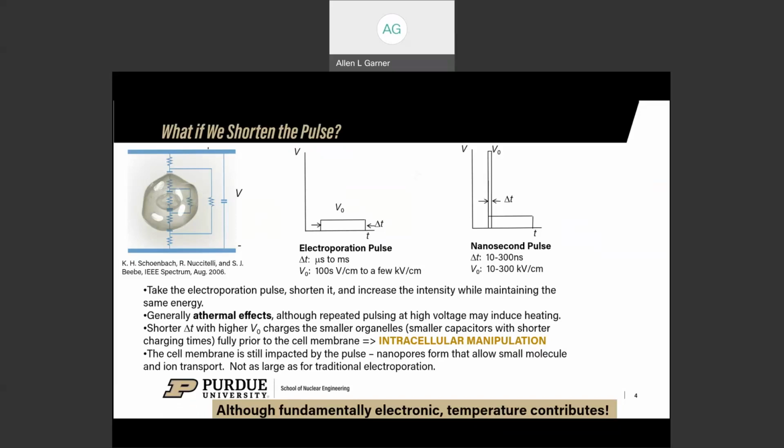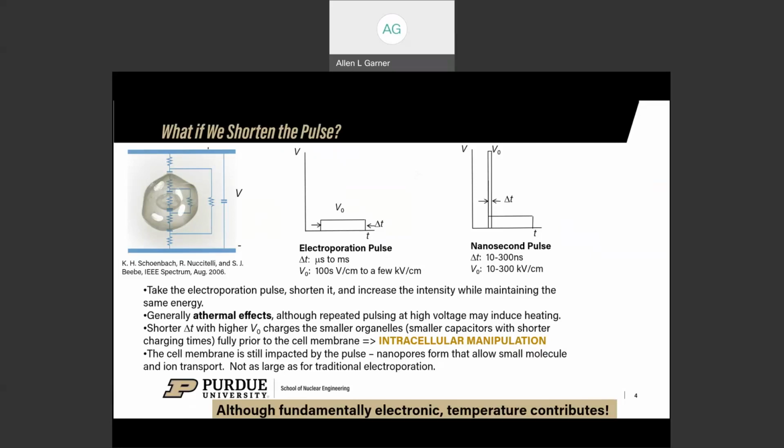Now, it's important to point out that these pulses themselves are designed to mainly have athermal effects. In other words, you're not intentionally inducing heating of the cells, right? The fundamental mechanism behind this is electrical. It's a membrane charging event of some sort, be it the cell membrane or the intracellular structures.